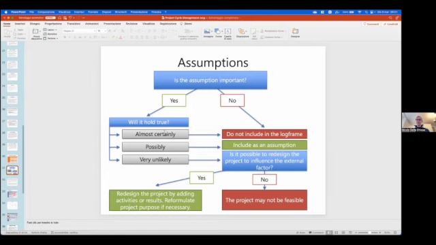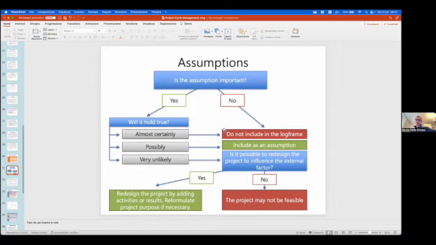For instance, because they really asked for this program, we know that they are extremely interested in the program. They are the stakeholders that more than others advocated for the project to be realized. Then if it's almost certain that the condition will hold true, then we do not need to include it in the log frame.